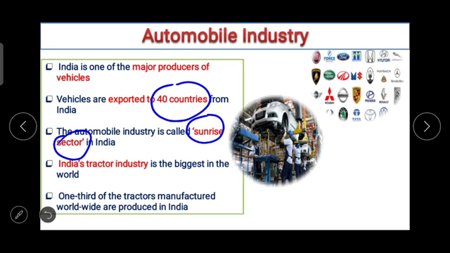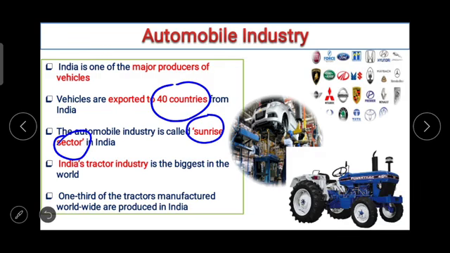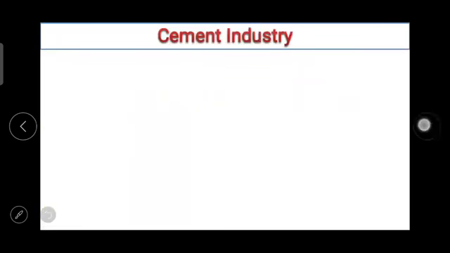पूरी दुनिया में जितने भी ट्रैक्टर्स बनते हैं उसमें से 1/3 जो है वो सिर्फ हमारे देश में बनते हैं. And tractors manufactured in India are exported to Turkey, Malaysia and several countries in Africa. So this is the great thing about the automobile industry of our country.